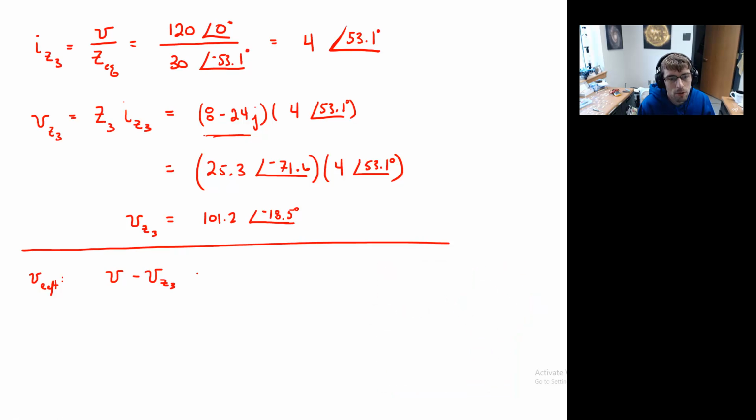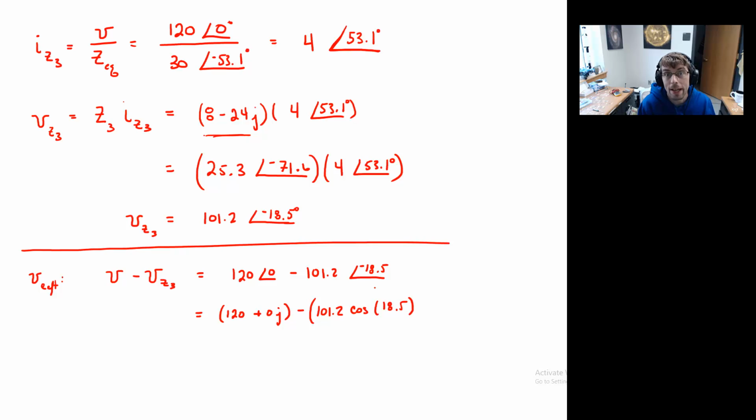Okay, so what do we have there? We have the 120 at 0 minus this 101.2 angled at negative 18.5. Oh, shoot. Now we have a subtraction, so we're going to probably want to go to the Cartesian coordinates instead. So this is 120 plus, I'll put 0j, minus 101.2 cosine of 18.5.